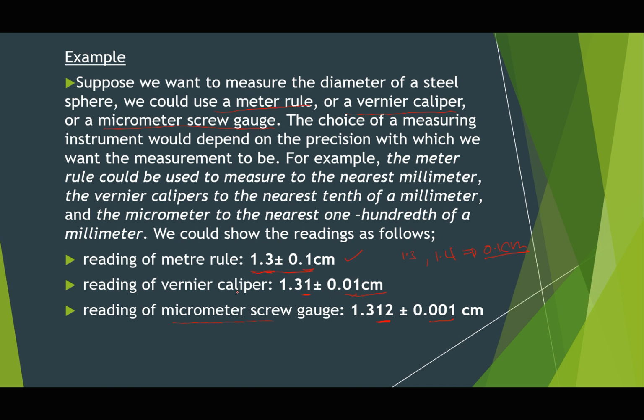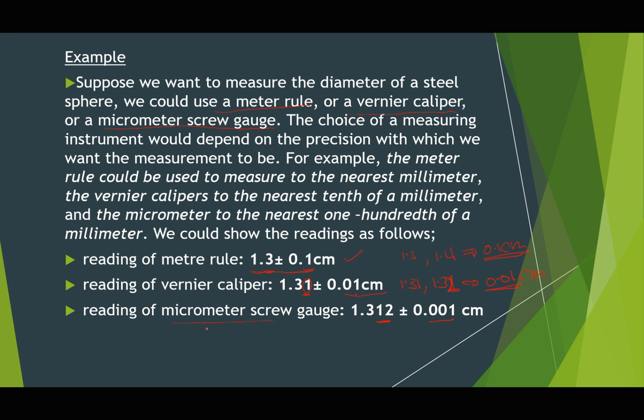But if I use a vernier caliper, there is a likelihood that the values will only differ in the last digit. For instance, the first measurement is 1.31, and when I repeat the measurement, maybe it is 1.32. You notice that in this case, the range is 0.01 centimeters. So this range is far smaller than the range here.